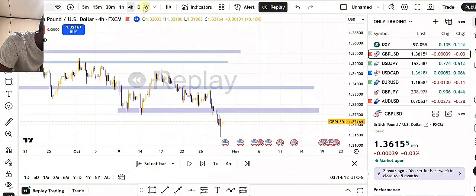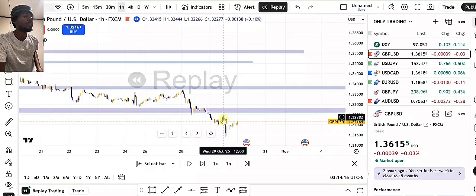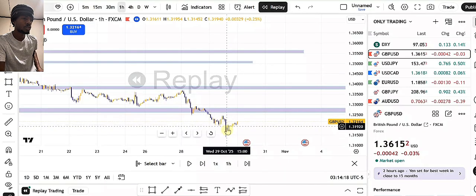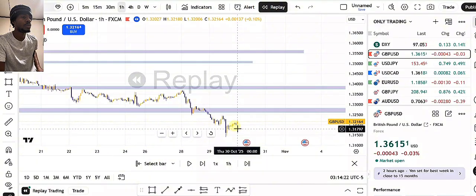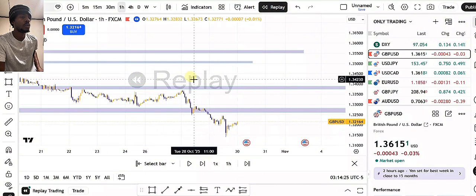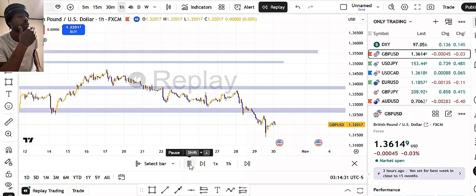So basically at this point, if we go to the 1 hour right now, this was more like a retest here. As you can see, price came down here, and now it looked like it's going up. So let's see if we can keep playing it on. Let me see something. So it is making those lows.